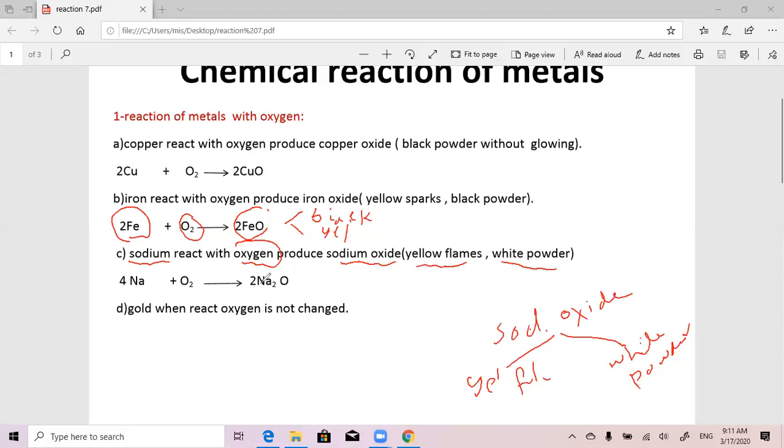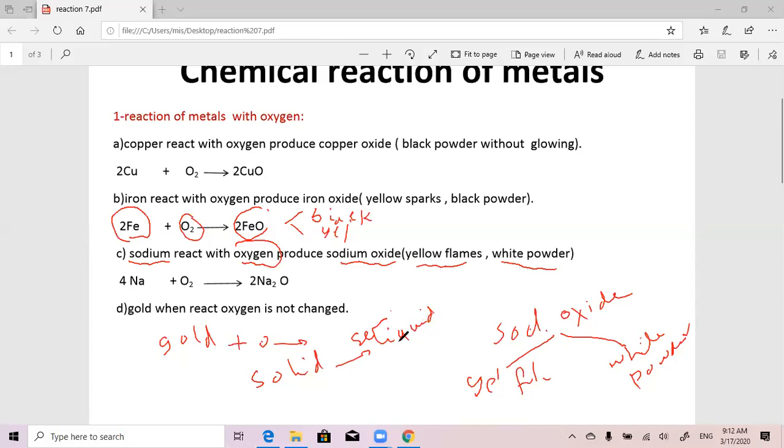Understand? The last metal here is gold. Gold burns with oxygen and doesn't change. When gold burns with oxygen, it changes from solid to liquid only, or semi-liquid, or semi-solid.